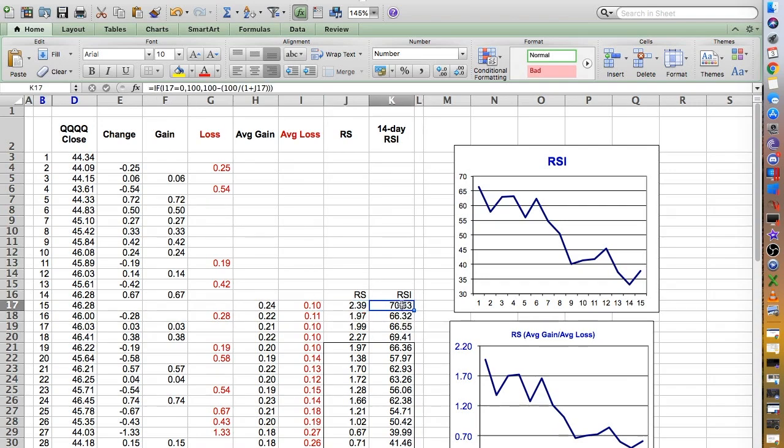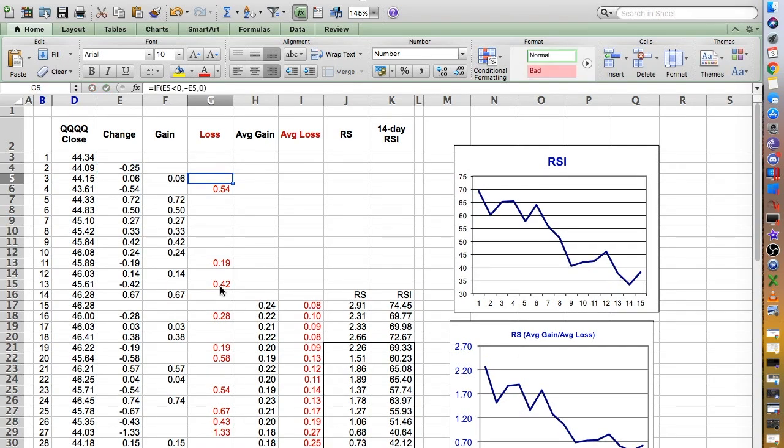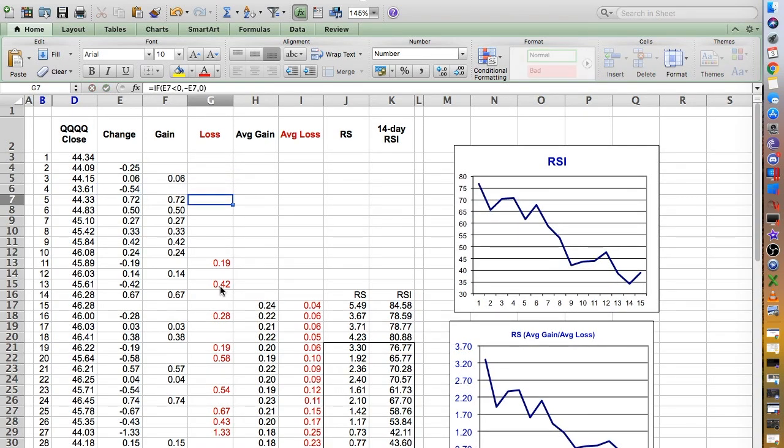Now, the remaining is more looked at from a smoothing percent. So this is technically converting this into a value. So what this says is, if I had no loss at all, if I probably take these values off one by one, what the RSI is going to do is, you can see that this RSI has started increasing to 84.